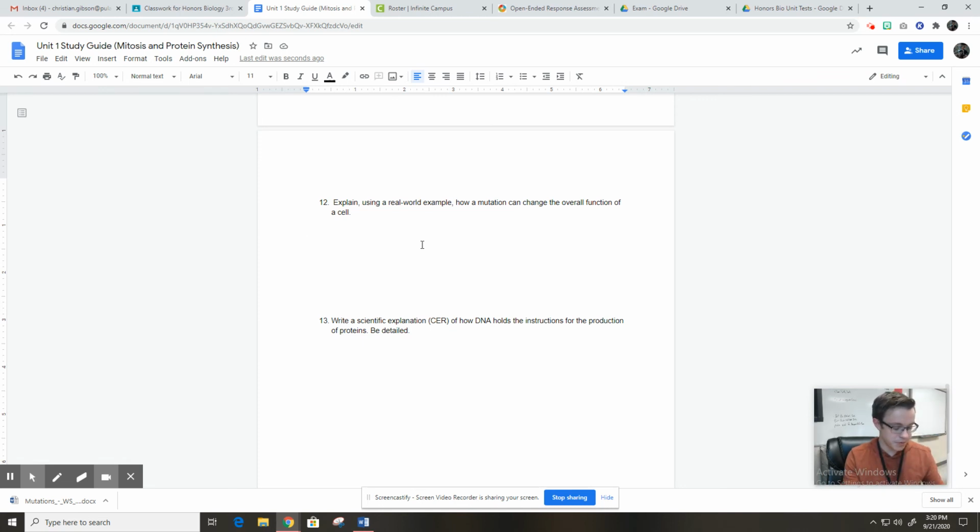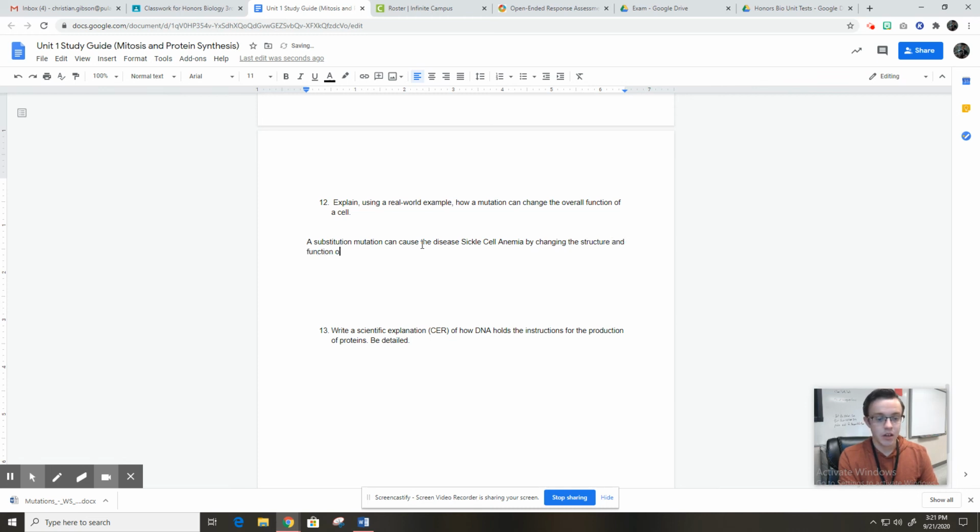So specifically, a substitution mutation, or just one in which one letter of your DNA is swapped out for another, can cause the disease sickle cell anemia by changing the structure and function of hemoglobin.